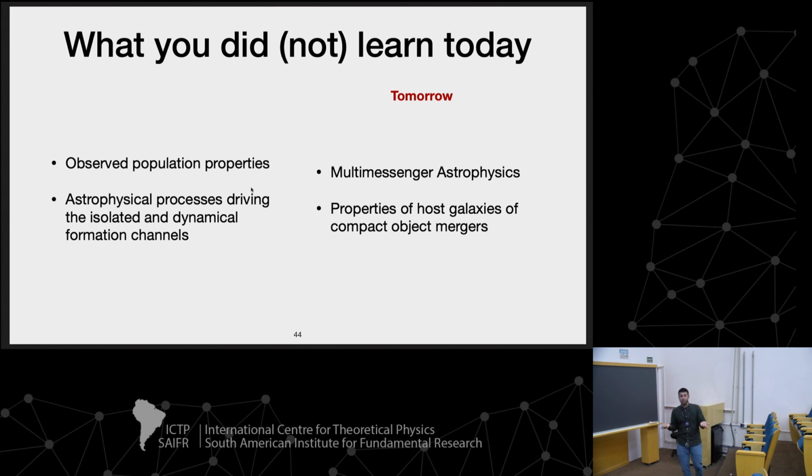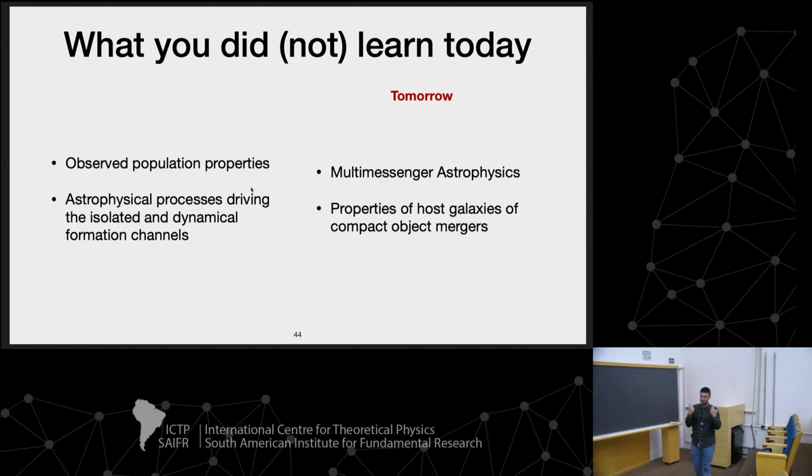So today, hopefully, you learned what kind of observations we extracted, what kind of properties the observed population of sources has, and you learned how we can model astrophysical gravitational wave sources through the isolated and the dynamical formation channel.